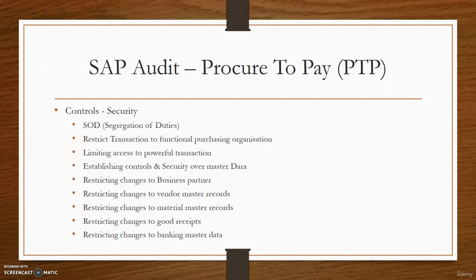Next is B_BUPA_FDG, which restricts the modification of fields within the business partner maintenance or reviews those fields. Next is B_BUPA_GRP, which restricts modification to business partners by authorization group.